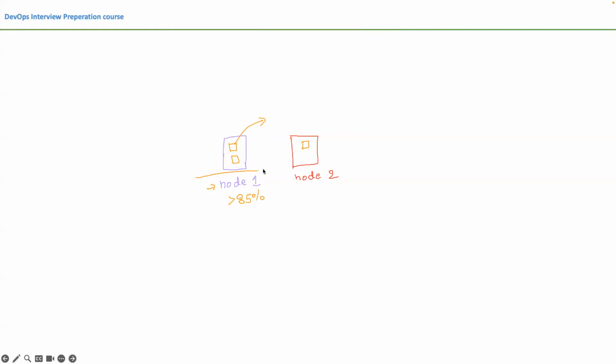But how can we achieve this particular eviction? Can this be done? The answer is yes, it can be done. And the term is basically called eviction of the pods. This eviction setting is a kubelet command that is applied at the node level and not at the pod level. We have to remember this.